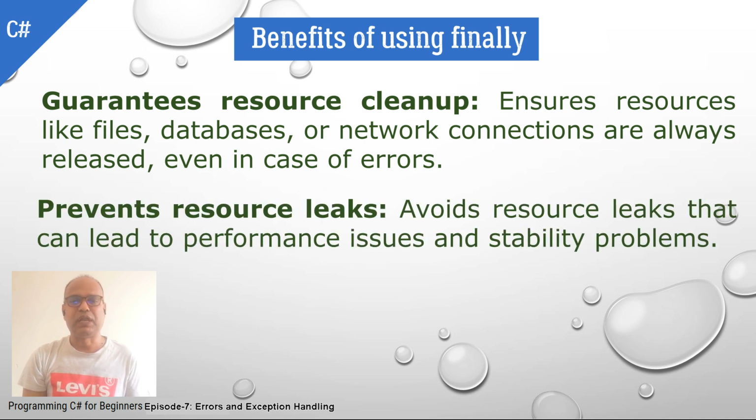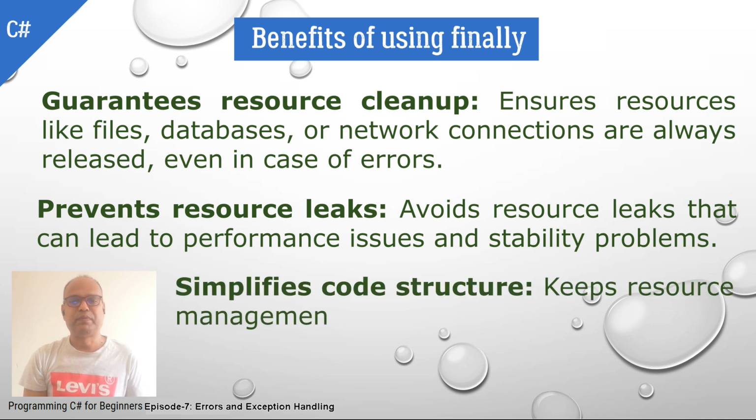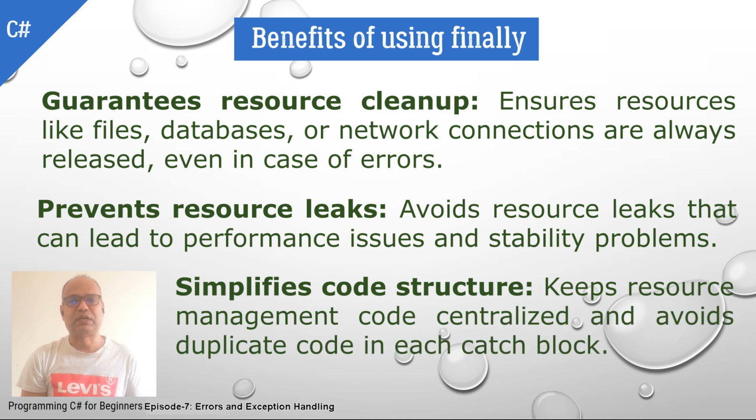Prevents resource leaks: avoids resource leaks that can lead to performance issues and stability problems. Simplifies code structure: keeps resource management code centralized and avoids duplicate code in each catch block.